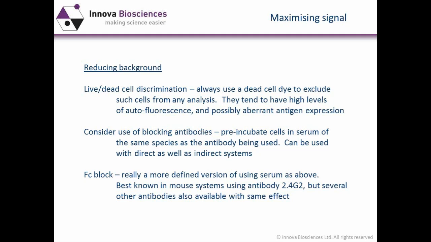And then when you add your directly labeled primary antibodies, they will only bind to their specific antigen and not to the Fc receptor. Following on from 2.4G2, there are now a number of other monoclonal antibodies of the same specificity that are available from a range of other suppliers. So you have a lot of choice in determining how to undertake your Fc blocking.